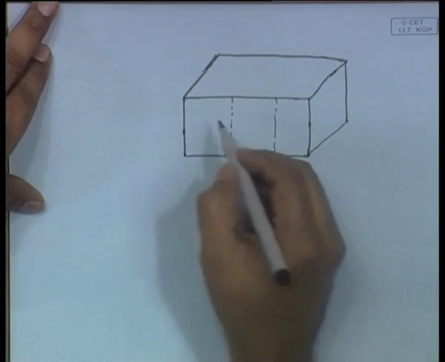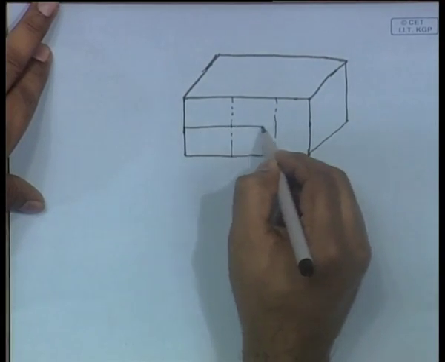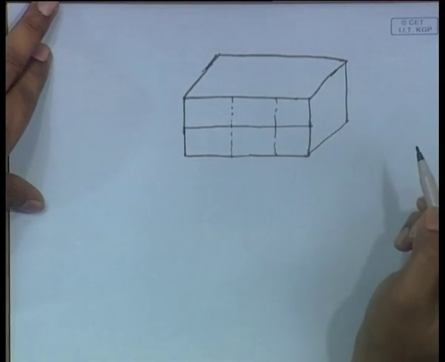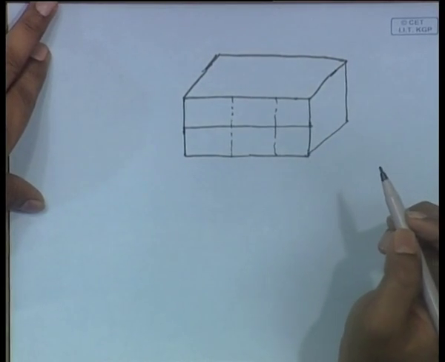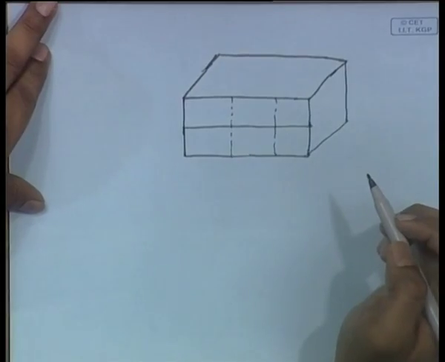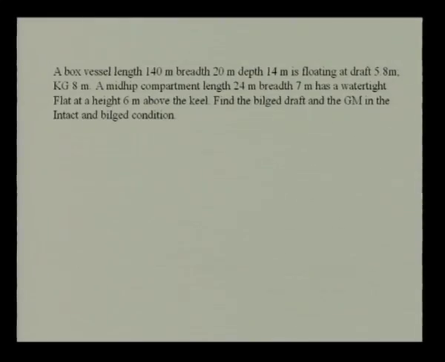Let us call this the water line. What they mean by a flat is that there is some kind of ceiling above, like this. So this compartment is covered here at some height.